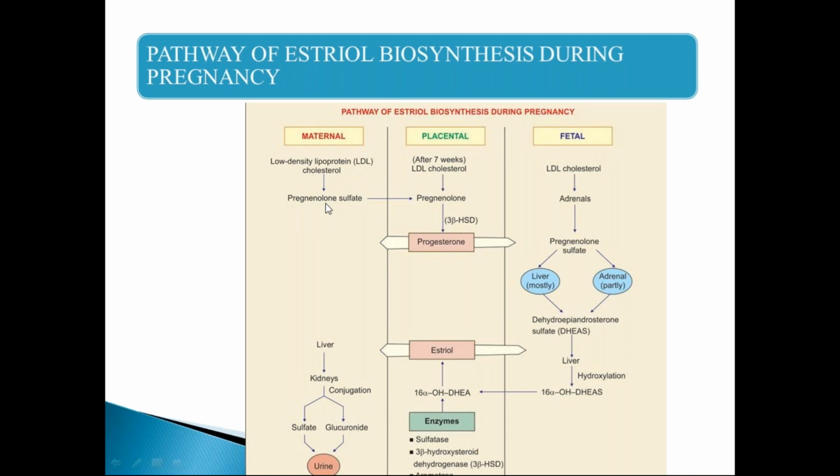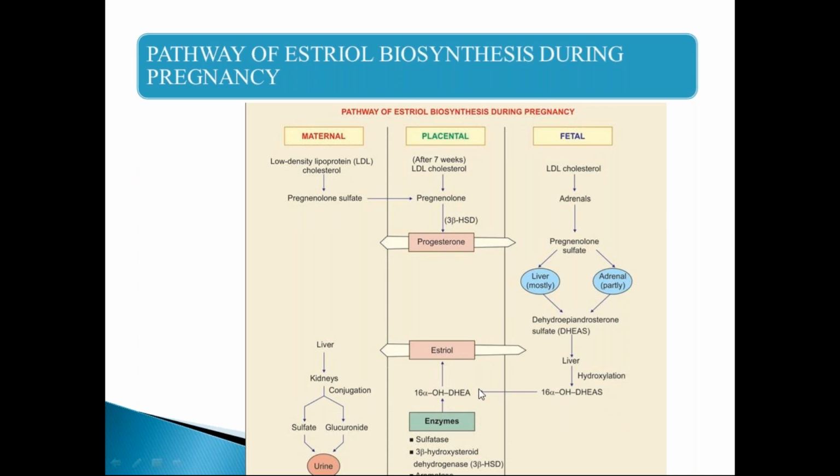Finally, this cholesterol gets converted to pregnenolone sulfate, and in the adrenals it is converted into pregnenolone sulfate, and in the liver and adrenal it is converted into dehydroepiandrosterone sulfate, and after hydroxylation it becomes 16 alpha hydroxy dehydroepiandrosterone sulfate.